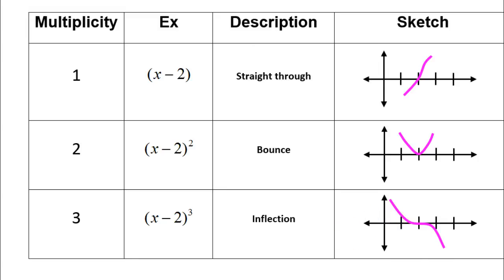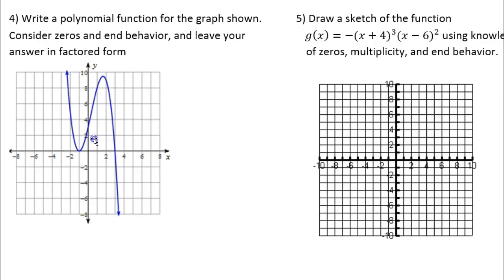So as I glance at this first problem, I see a couple of things. First of all, I see that we have x-intercepts at -1 and 3. The x-intercept at -1 means that we're going to have a factor of x plus 1.